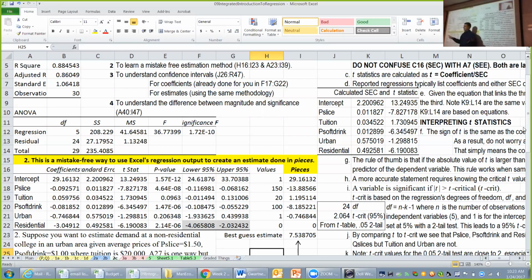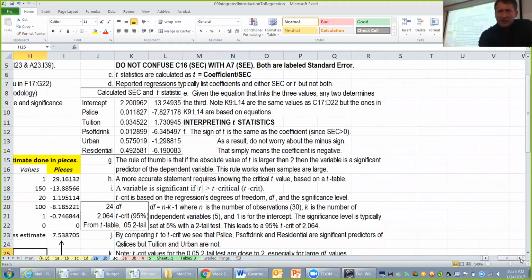Any questions on that? Make sense? So this is the idea of significance. And what he does for us here is shows you how that is calculated. So the actual formula is this: the coefficient divided by the standard error of the coefficient.